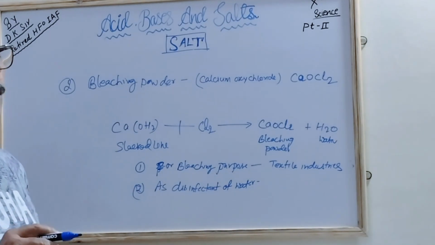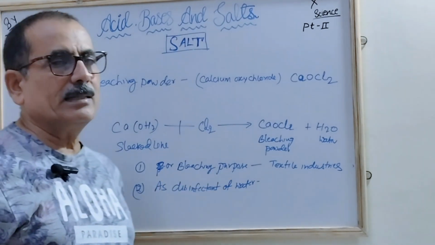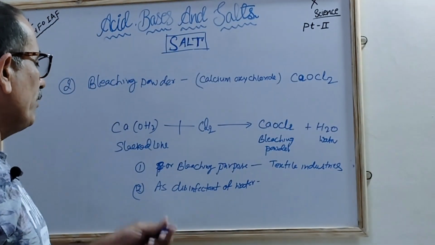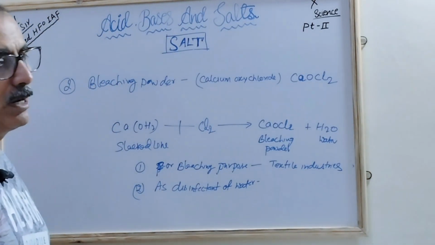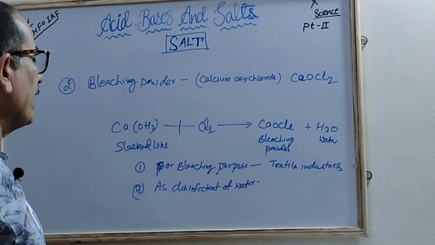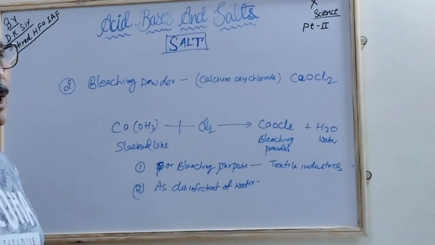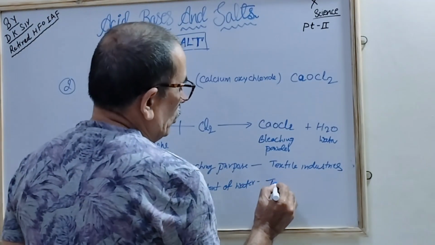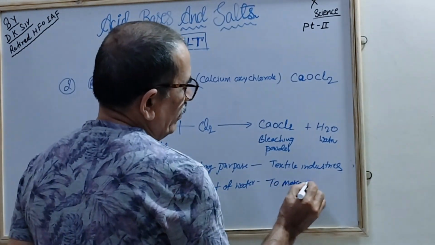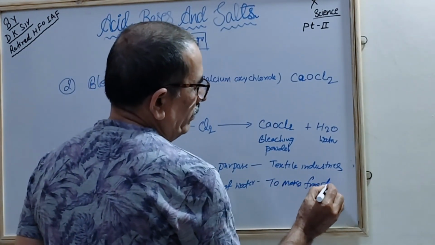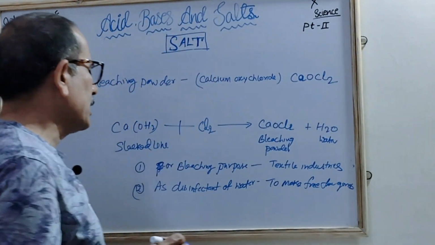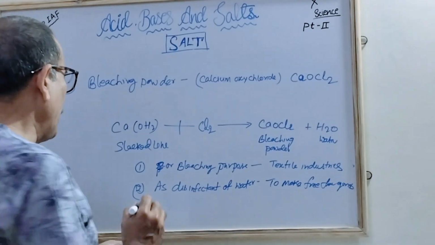That was leading to a lot of bacteria, and germs were being produced. To kill the germs, we were using the bleaching powder. So that is called disinfecting the water, to make it free from germs, correct? The bleaching powder we are using.